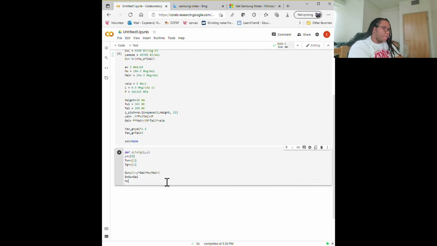And so that's going to be our mass flow rate of air divided by the molecular weight of air, plus the gas flow rate of water divided by the molecular weight of water.